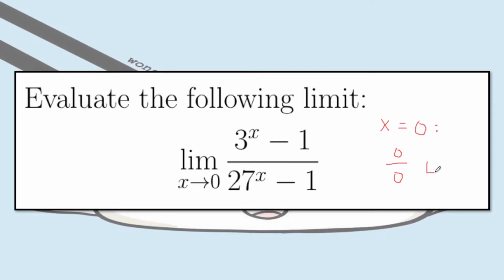Therefore, I can apply L'Hopital's rule in this limit. L'Hopital's rule tells you that if you have a fraction, or a rational expression, we can simply take the derivative of the numerator and the derivative of the denominator, and then evaluate the limit.